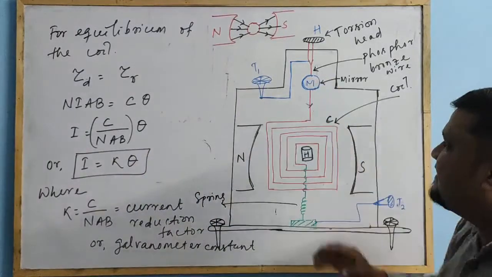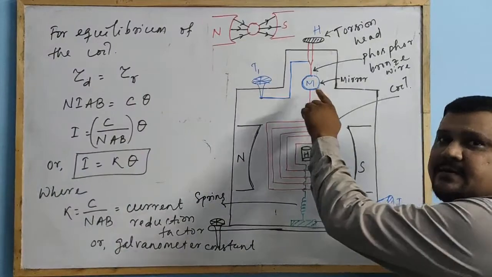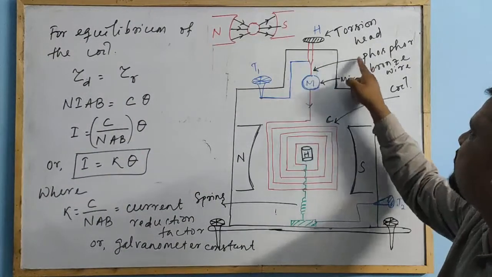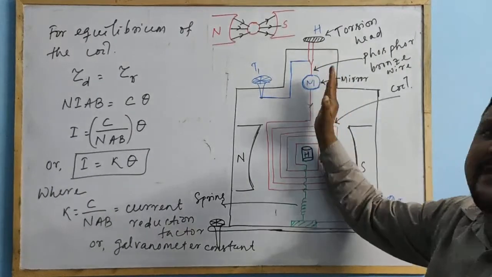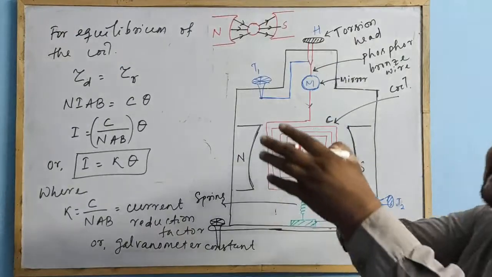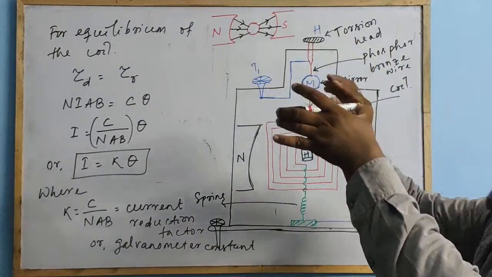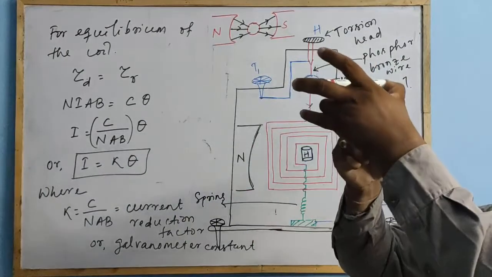So if the coil deflects some angle theta, then the mirror also rotates, because the coil is connected to the phosphor bronze wire through the torsion head. So the coil rotates means the mirror also rotates. If you place a linear scale in front of the mirror, then the light incident on the mirror is reflected on the linear scale.